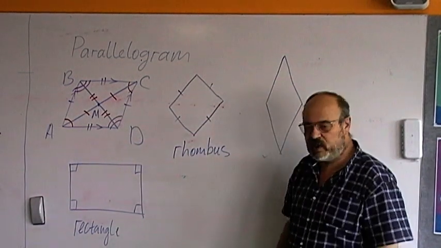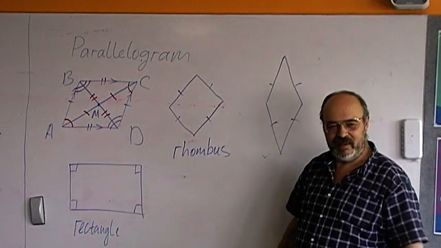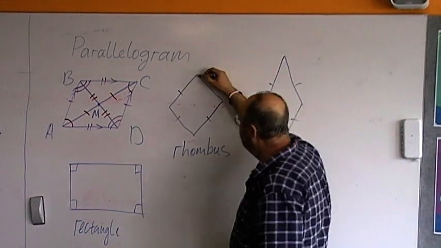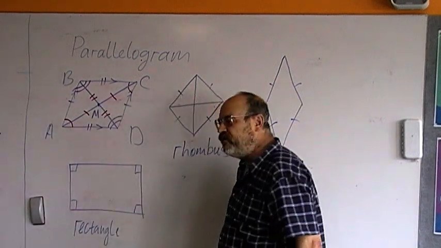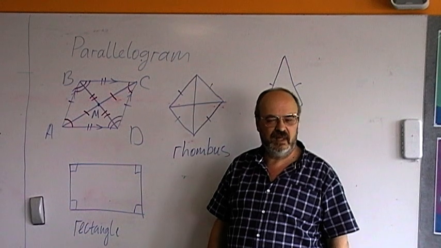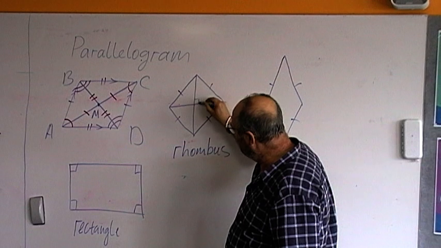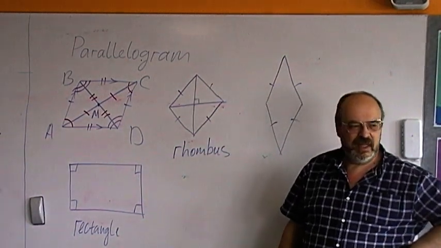This is a rhombus, all sides equal. It's not 90 degrees. Now, another feature of the rhombus is that its diagonals not just bisect each other, they meet at a right angle. So, 90 degrees.